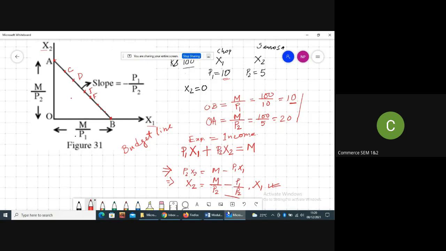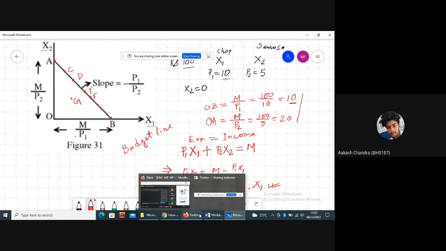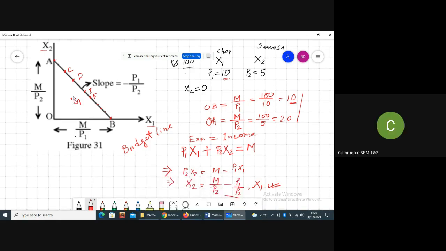Now, what about a point inside the budget line? Say call it G. Will the consumer purchase at some point inside the budget line? I'm asking you if any consumer will consume at any point inside the budget line.